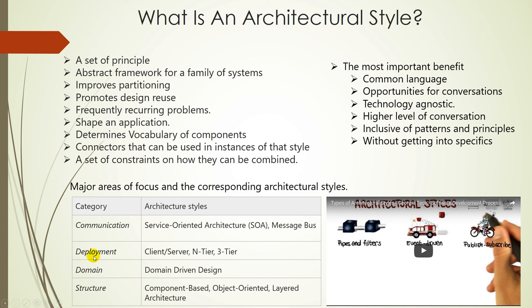In the deployment category, client-server, n-tier, and 3-tier. In the domain category, domain-driven design. And in the structure category, component-based, object-oriented, and layered architecture are architectural styles. We will talk about all of these styles in the rest of the course.